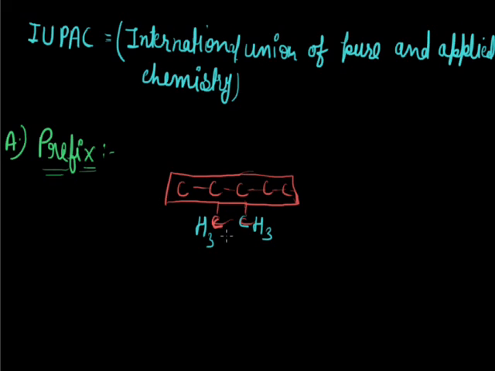So here first and second. So we can use prefix for that substituent. That carbon is known as substituent. And for substituents we have to use prefix. Prefix means पहले जो कि we use before the name of organic compound. So for substituent we use prefix.